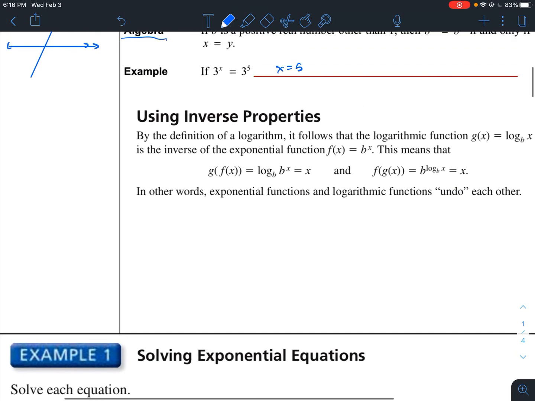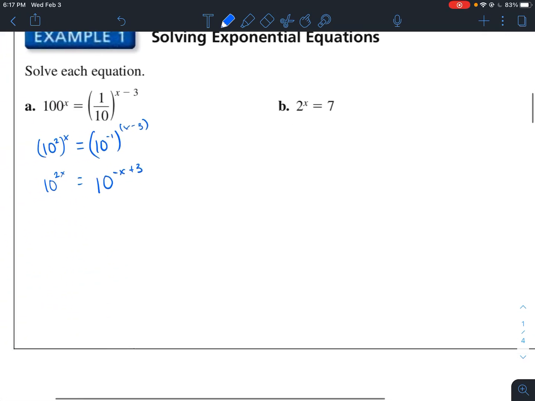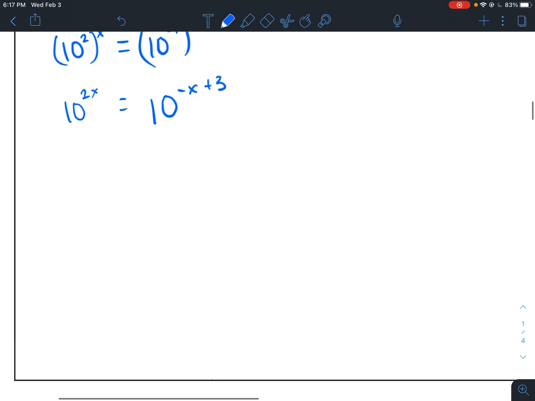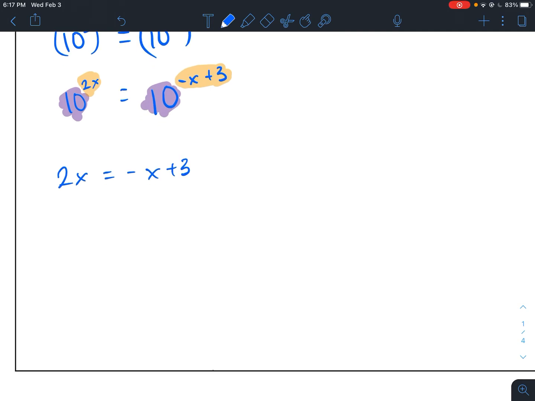Now I can use this property of equality for exponential equations. Since the base is the same, this is a base 10 and this is a base 10, that must mean the exponents are equal to each other. So I can just ignore the base and say that 2x is equivalent to negative x plus 3.